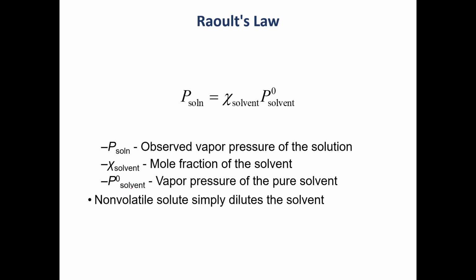Essentially, our non-volatile solute dilutes the solvent. So we calculate the mole fraction of solvent once we've added a solute to it, and then we multiply that times the vapor pressure of the pure solvent.